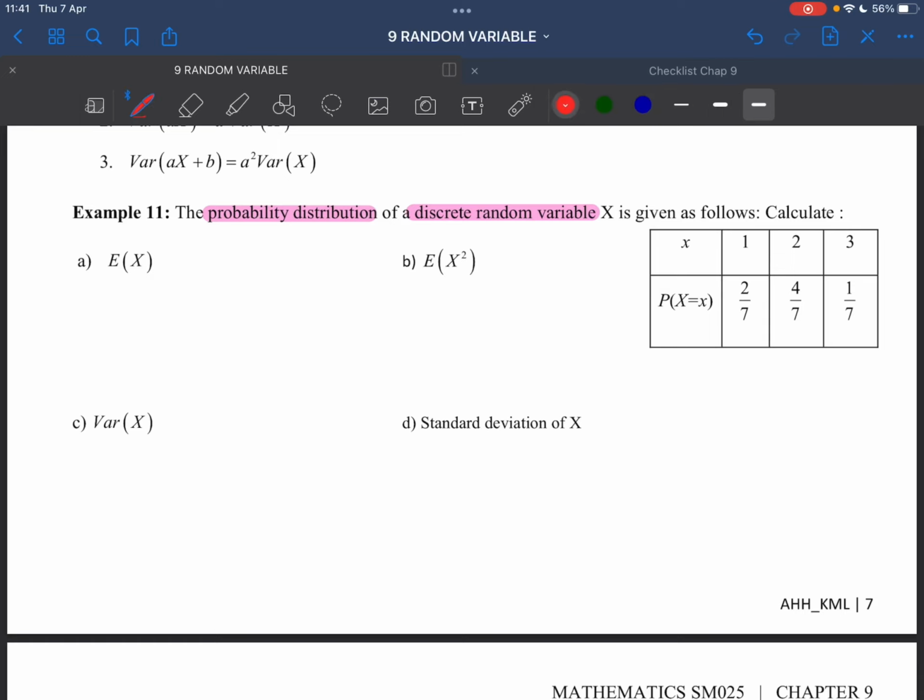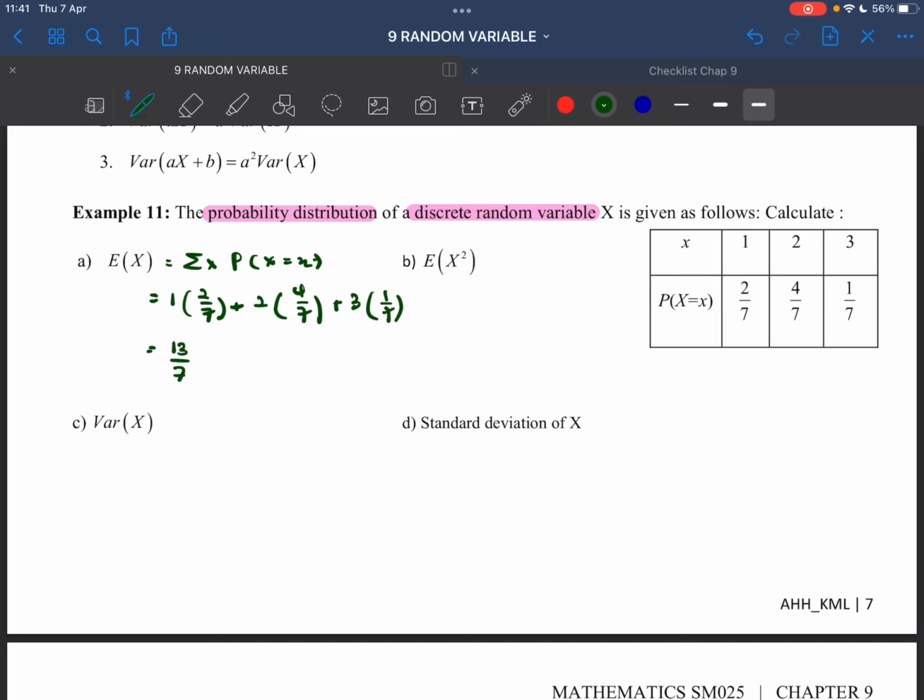Now we are going to do EX. The formula to find EX is the summation of x times P(X equals x). So we have 1 multiplied by 2 over 7, 2 times 4 over 7, plus 3 times 1 over 7, which gives us 13 over 7.